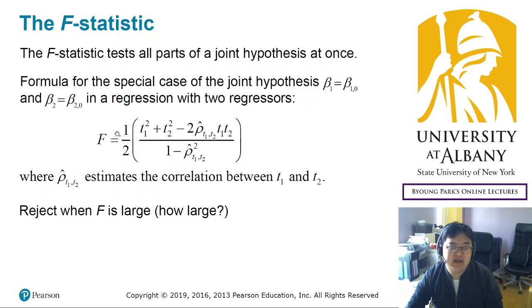Because F is a distance, if the distance is large, we think that the hypothesis is not consistent with the data, so the hypothesis may be wrong. So we are going to reject when F is too large. That is our approach to joint hypothesis testing.